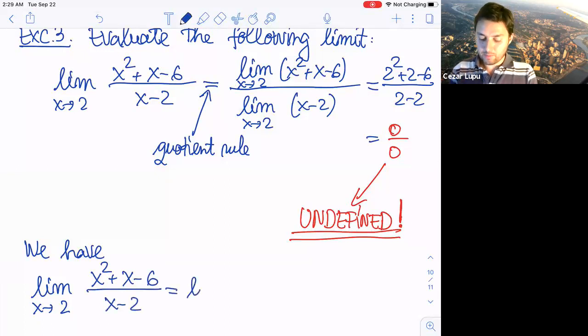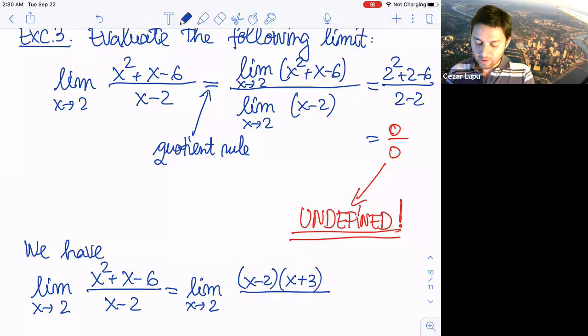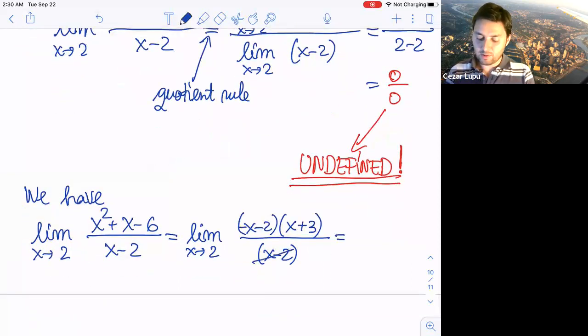This guy, we can factor the top. This will be the limit as x approaches 2 of, and now we can factor this as x minus 2 times x plus 3, everything over x minus 2. Wow, that's beautiful. These two go away.